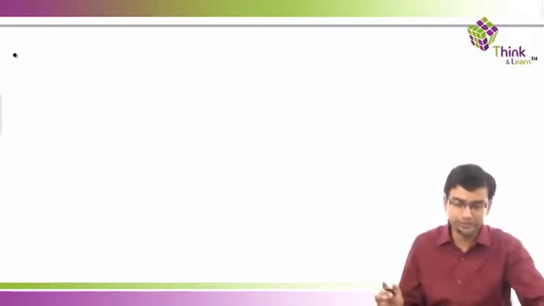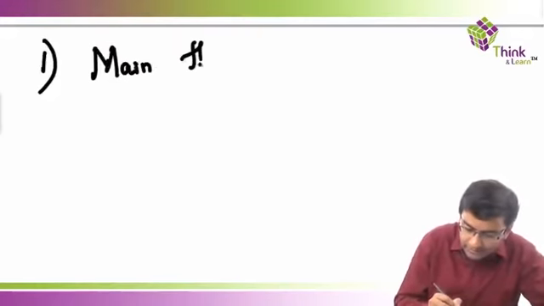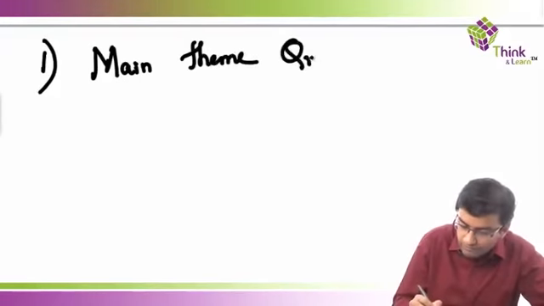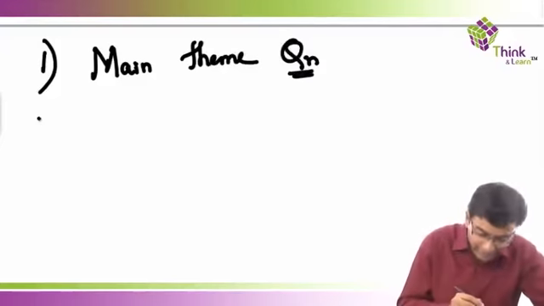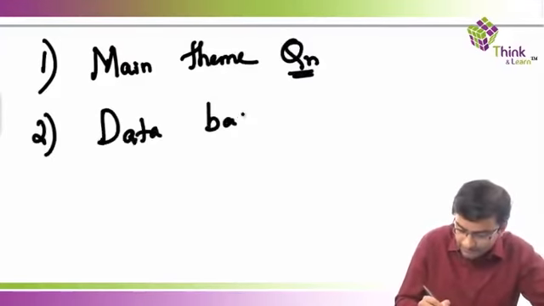Fundamentally, I've solved thousands of passages, and what I've seen is there are fundamentally 6 types of questions in RCs. The first category is called the main theme question. The second one is called the database question.